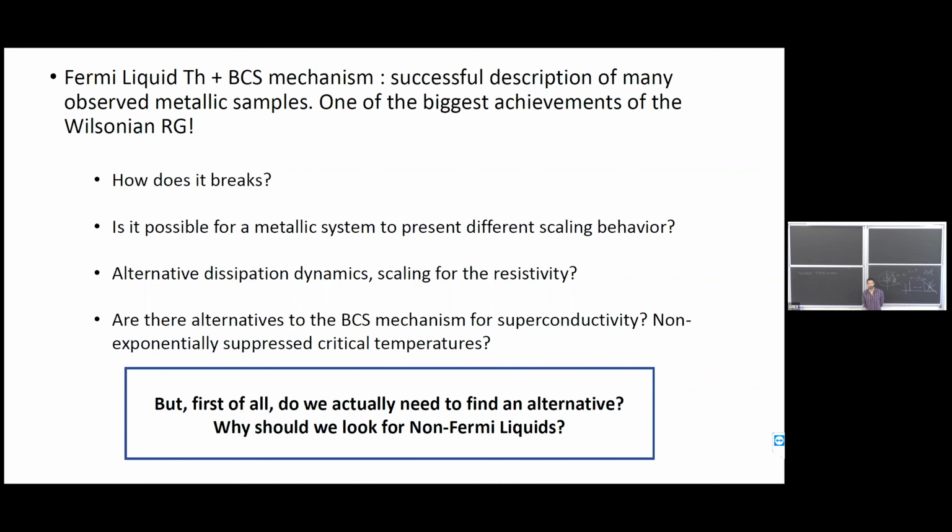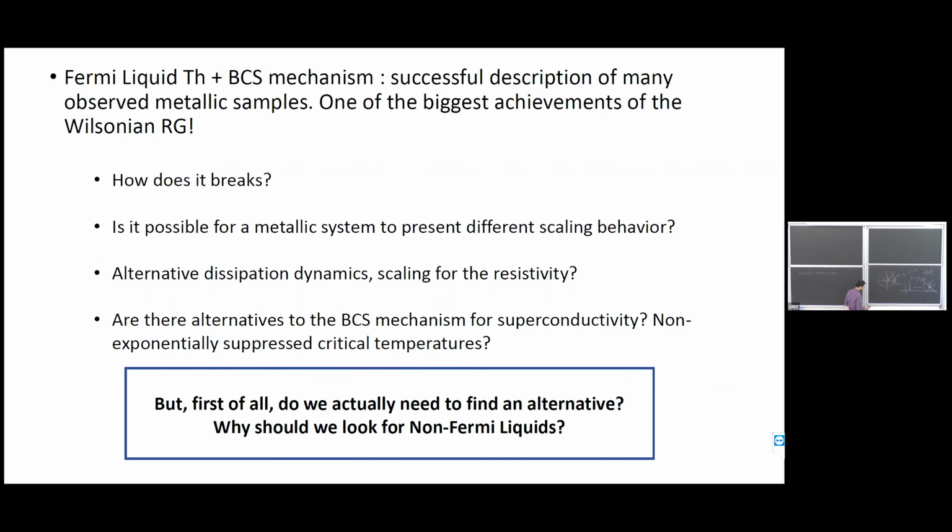We will see how this arises explicitly. But before asking ourselves how we can get a non-Fermi liquid metal, we should first ask if there's any need to look for a non-Fermi liquid. And the answer is actually affirmative.